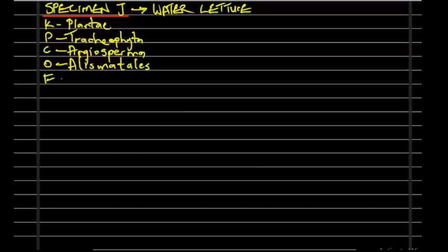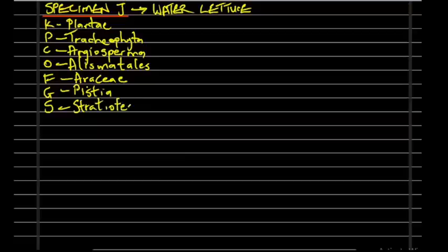We have the family to be the Araceae. We have the genus to be the Pistia, and then we have the species to be the stratiotes. So this is the system of classification that we have for water lettuce.